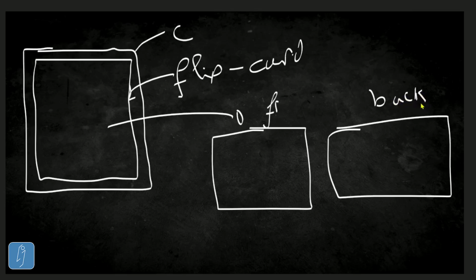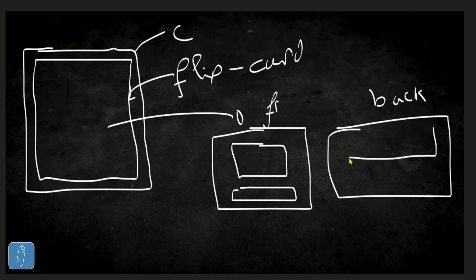Until the user hovers or clicks on it, it is going to display, and each one is going to have its own content. Like this one might have an image, like we're going to add in here, and also text or whatever you want. And the back one is also going to contain images, text, or anything you want. So this is what we're actually going to create.